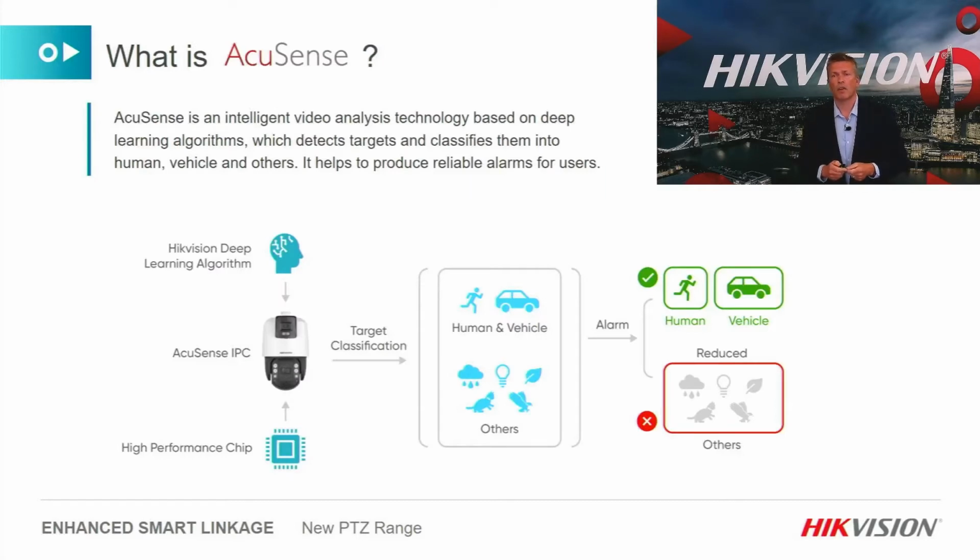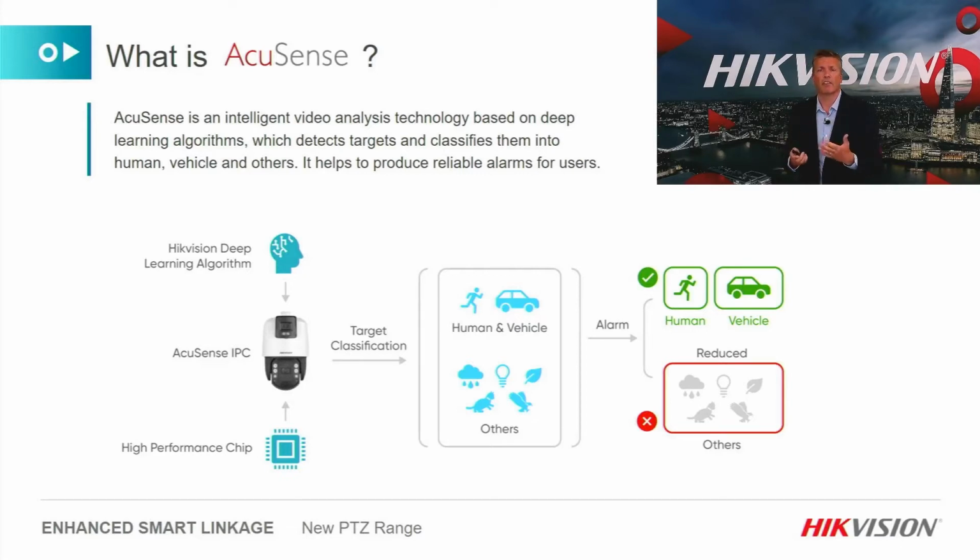Now, not only have you got the two lenses with the fixed and the PTZ, they've both got a technology called AcuSense built into that. For those of you who aren't familiar with AcuSense, it's using Hikvision's deep learning algorithms. We've trained the cameras through templating and clever technology to ignore objects of motion. So it gets all the motion events that come in, and filters out anything that's not of interest, anything that's not a human or a vehicle.